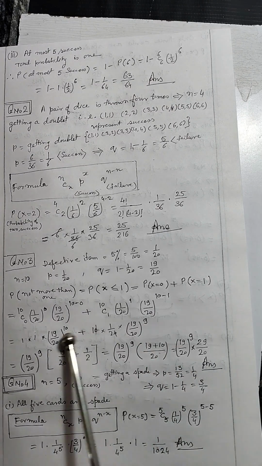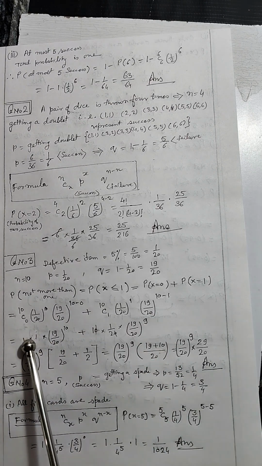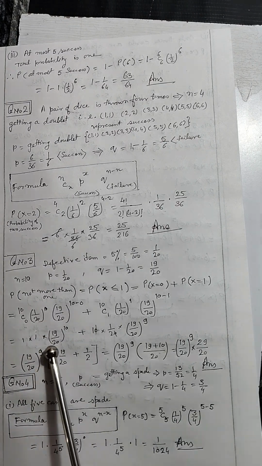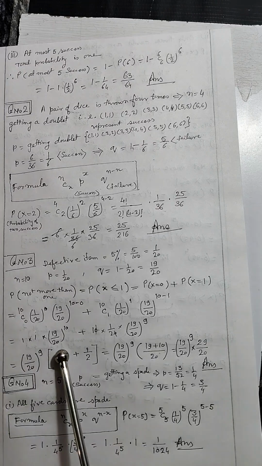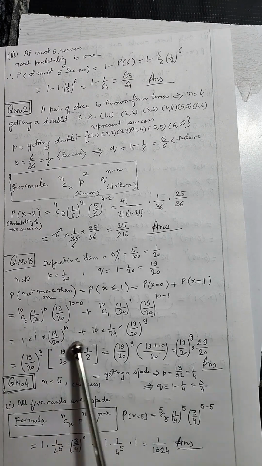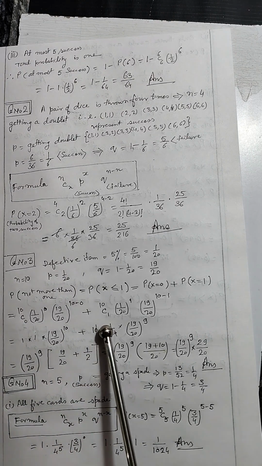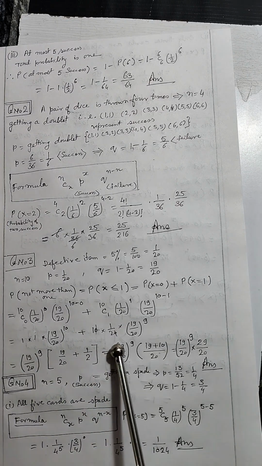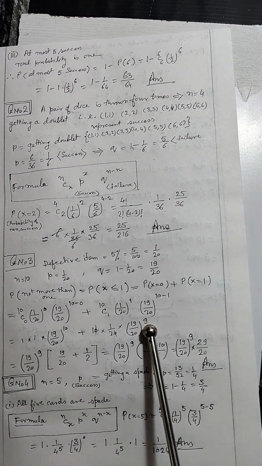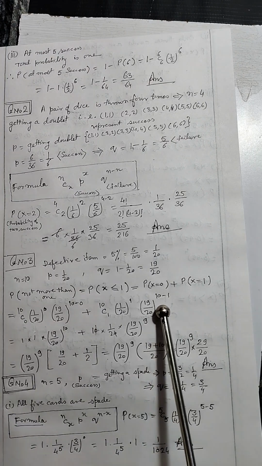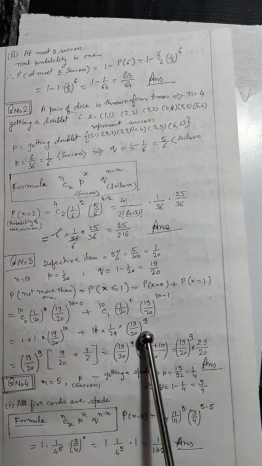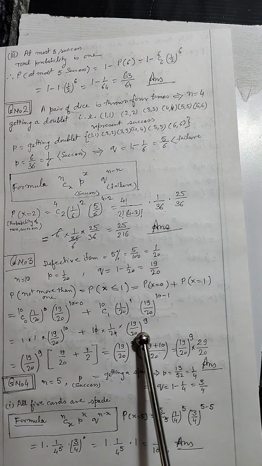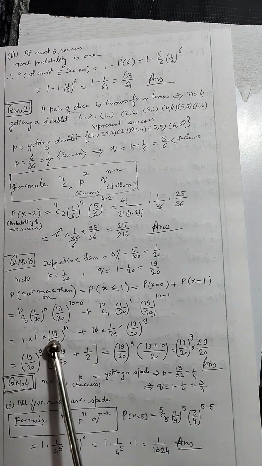Here it will be 10C0, that is 1, 1 by 20 raised to power 0, that is 1, 19 by 20 raised to power 10, it will remain as it is. So 10C1 means 10, 1 by 20 as it is, into 19 by 20 raised to power 10 minus 1, that is 9 here. So now you can take 19 by 20 raised to power 9 common from here and here.